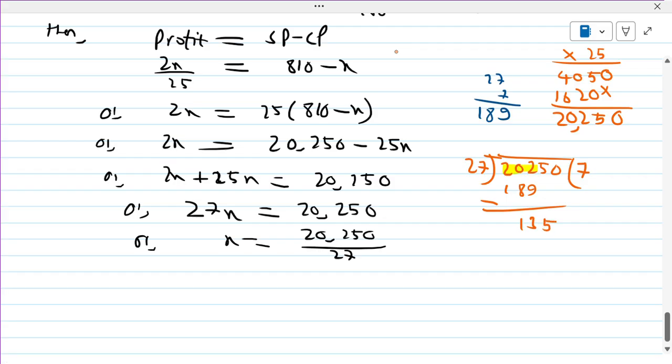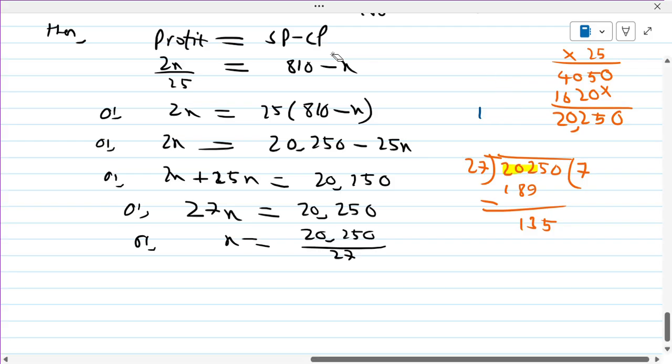And now 5 we bring down, and now think for 135 to divide by 27, is it? So 135 let's think as 130, and then 27 is considered to be 30, is it? So 30 how many times? 3 4s are 12. So obviously 4 times it goes. Let's check will 5 times go or not, right?